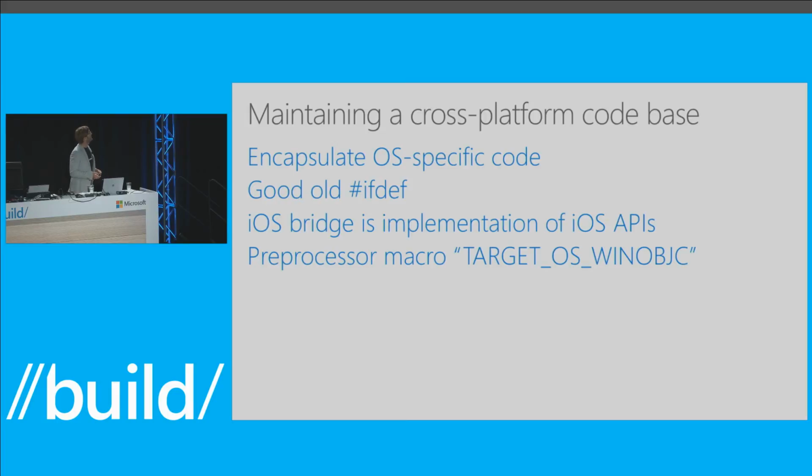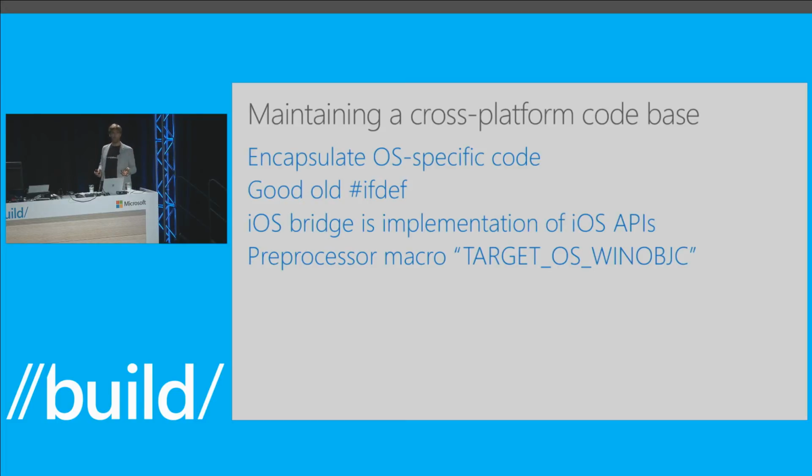There we go. Now, let me share with you how we maintain this cross-platform code base. As much as you want to encapsulate OS-specific code, sometimes a good old ifdef will do. One thing to keep in mind, though, if you have a cross-platform Mac iOS code base, is that iOS Bridge is an implementation of the iOS APIs.